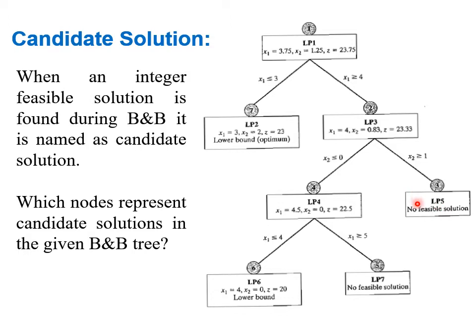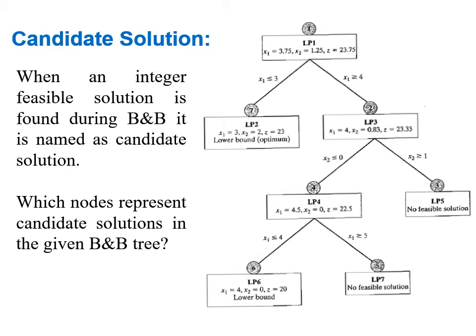Node 3 is fathomed, but the reason for fathoming is infeasibility. It's not integer feasible, so this is not a candidate solution. Again, node 5 is fathomed because of infeasibility of this LP subproblem, and this is not a candidate solution.